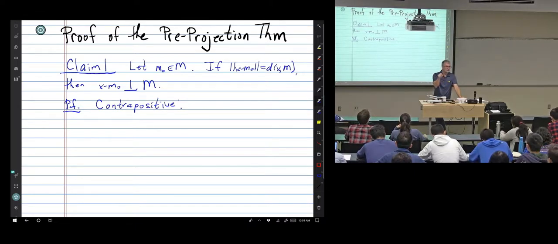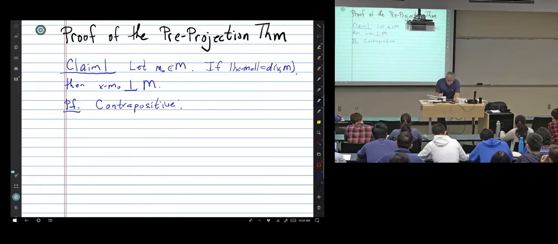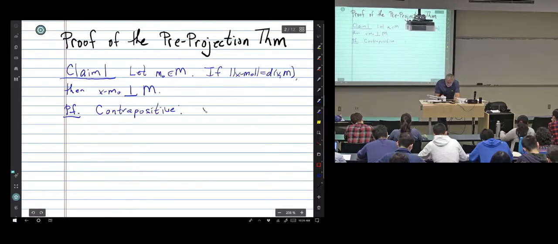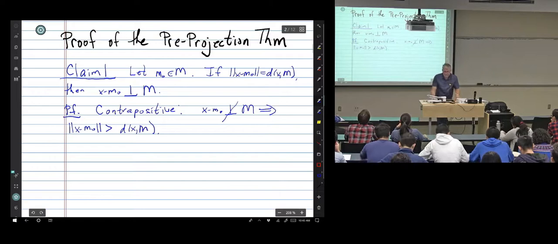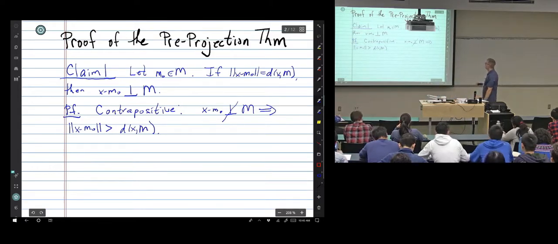P implies Q if and only if not Q implies not P. So we're going to show x minus M0 not orthogonal to M implies the norm of x minus M0 is strictly greater than the distance from x to M. Okay?